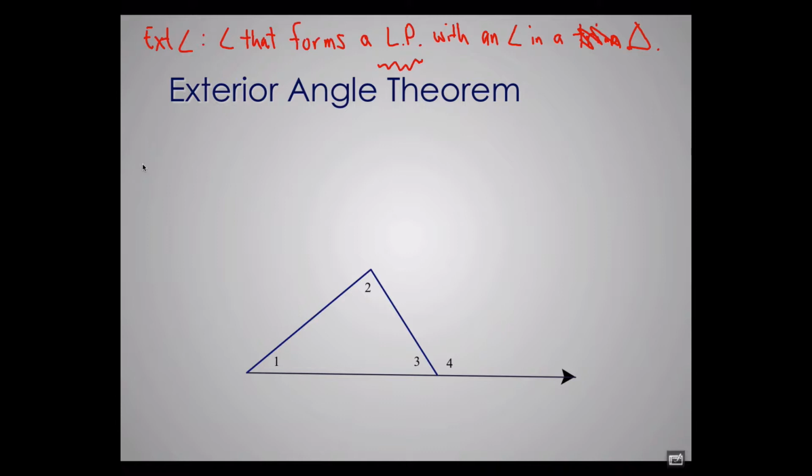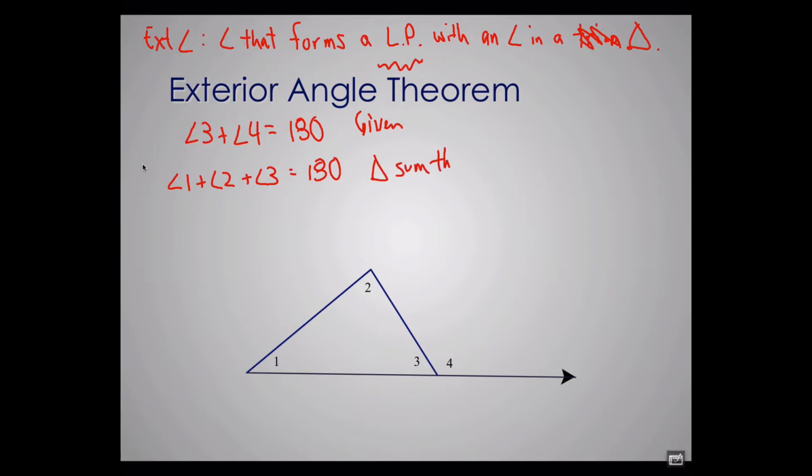So if 3 and 4 equal 180, angle 3 and angle 4 equal 180 combined, and angle 1, 2, and 3 equal 180 combined. How do we know that? Because that's the thing that we just talked about. And what's that thing called? The triangle sum theorem.